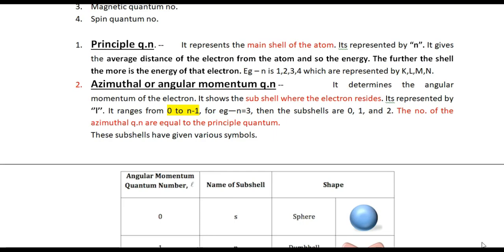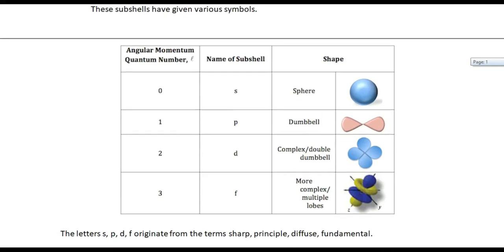Here a table is given. Each subshell has its name and its shape. For example, if it's the zero subshell, the name is s and the shape is spherical.